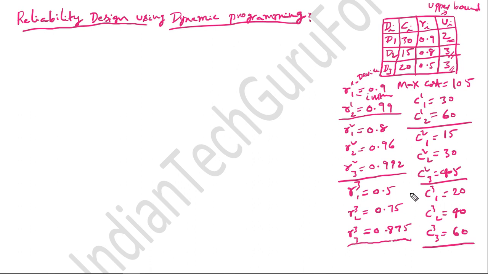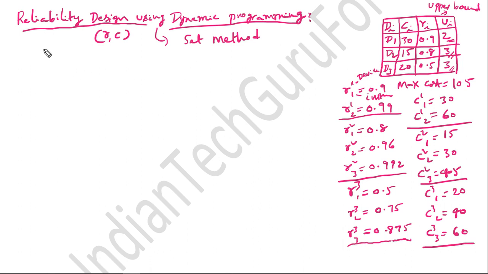Why we are calculating these values is that we need to use them while solving the reliability design problem. To solve it, we need an ordered pair R comma C, where R represents the reliability and C represents the cost. We will be solving this problem using the set method, which is similar to solving the 0/1 knapsack problem.